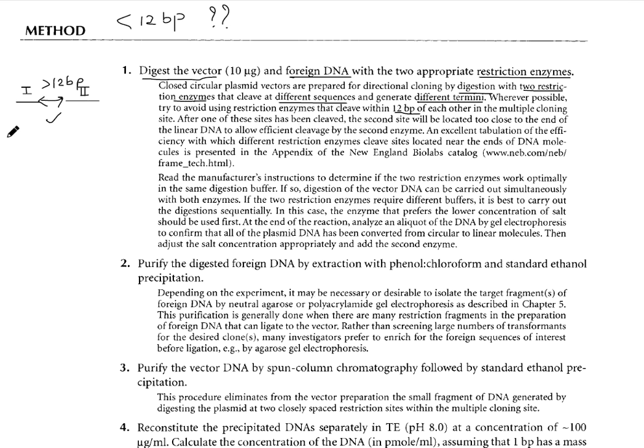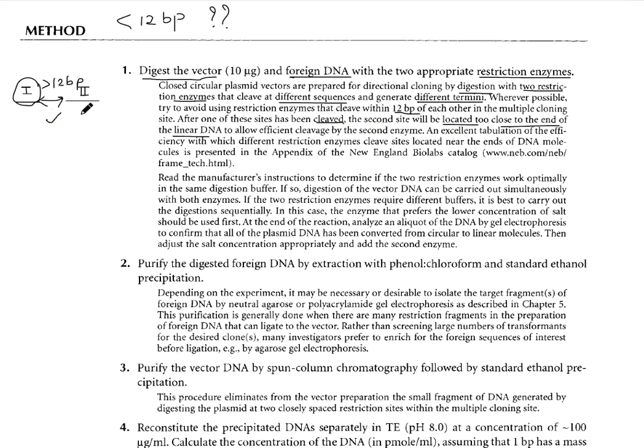So after that, you will digest with the first restriction enzyme. You will digest the target vector or the foreign DNA with the first restriction enzyme. You have to check it in the gel. After it has been cleaved, the second site will be located too close to the end of the linear DNA.